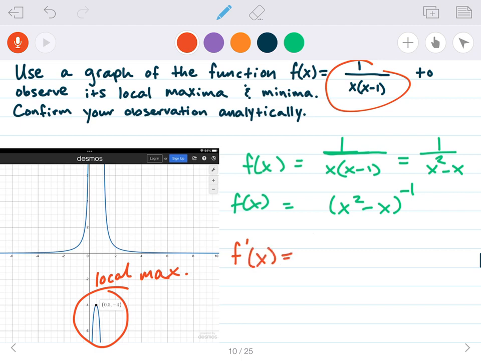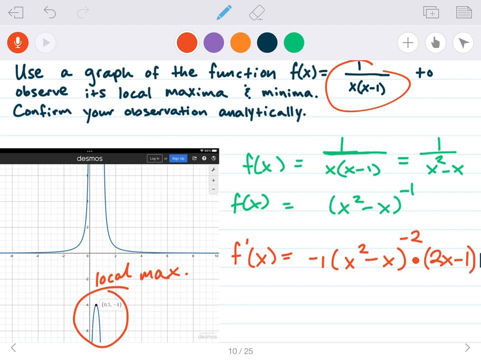Now let's take f prime. So for f prime, I have to use the chain rule. So I have to take the derivative of the outside function times the derivative of the inside function. Well, the derivative of x squared minus x is simply 2x minus 1. Okay, so let's see.